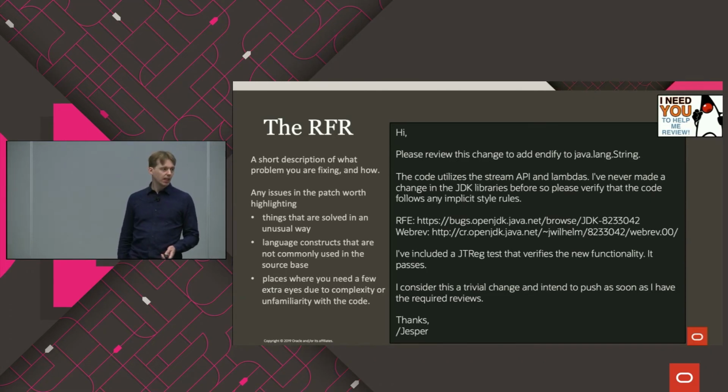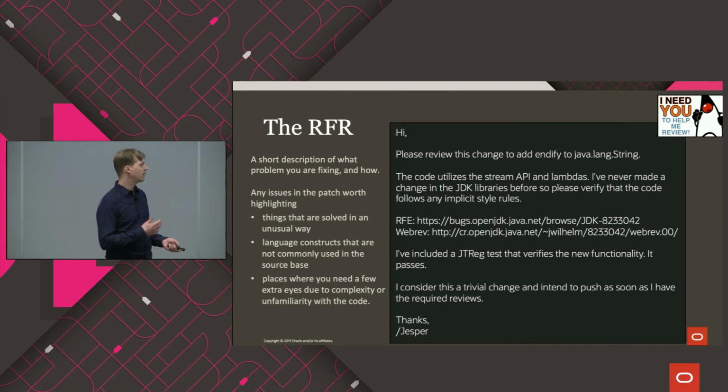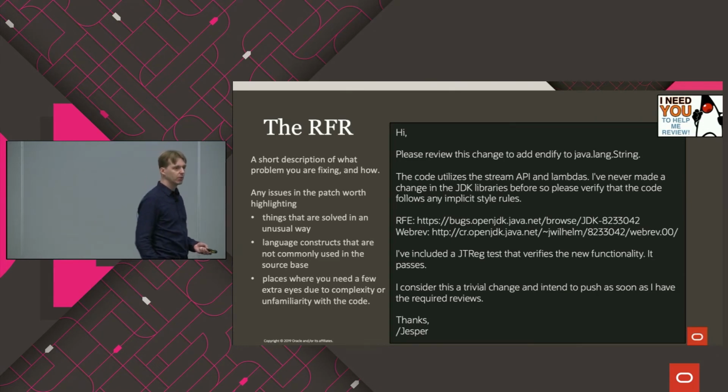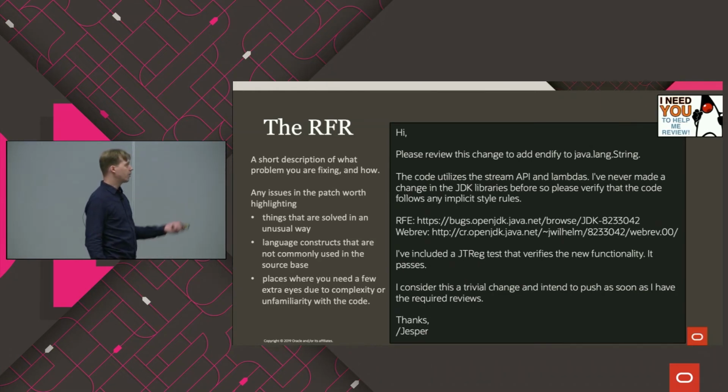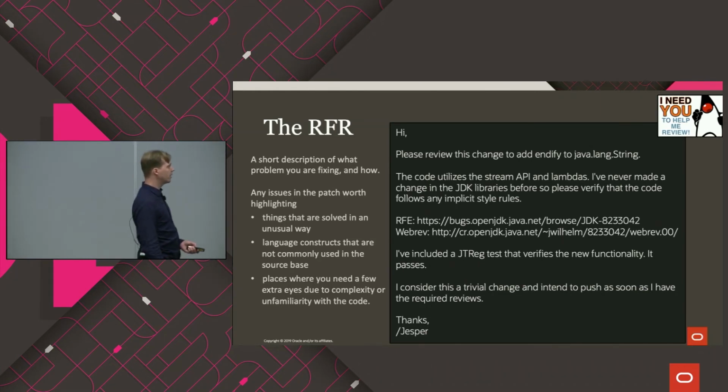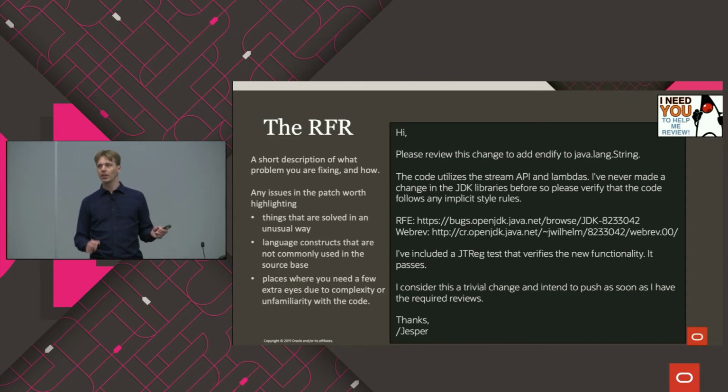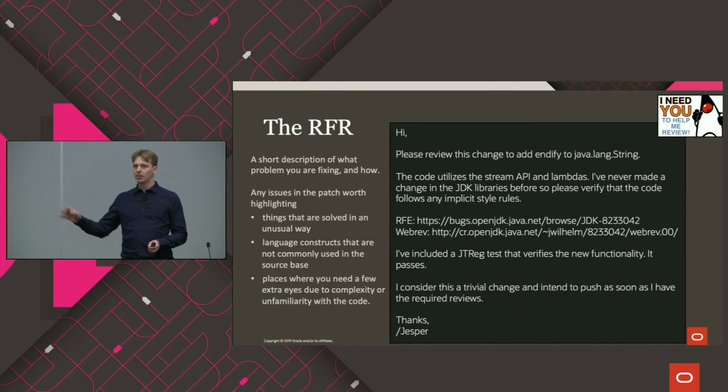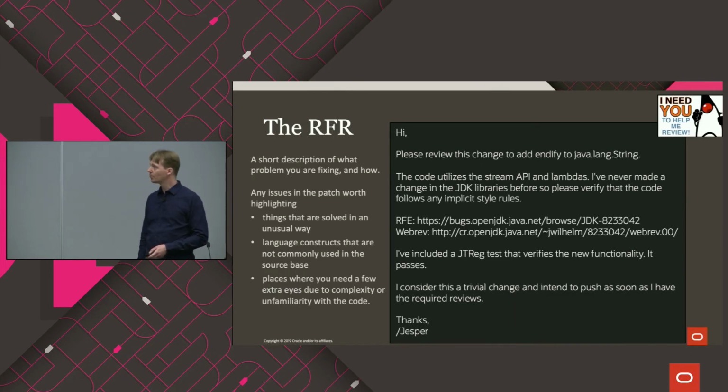Any issues, things like anything that is resolved in an unusual way, would be good things to highlight in your email. Language constructs that are not commonly used in the source base. If you, for instance, use some new C++ thingy, if you write code in the VM, or start to write some really weird Java code in the libraries, it's a good idea to mention that in the email as well.